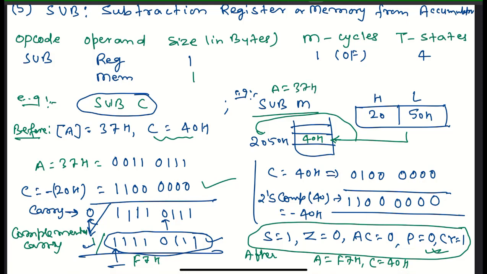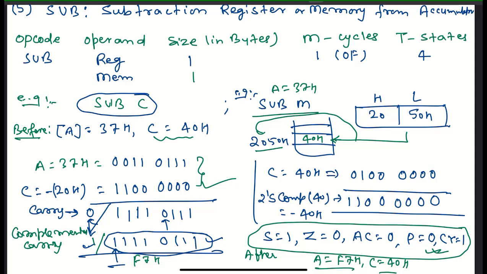It will subtract this 40H from this 37H in the similar fashion that I explained here, and after performing the subtraction, the result will be stored into the accumulator without making any change in the content of the location 2050H, which is 40H, so it will be as it is.